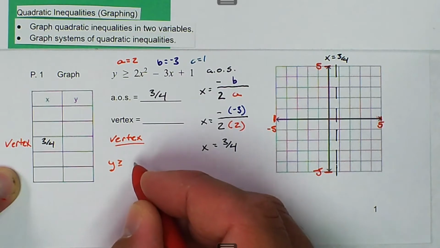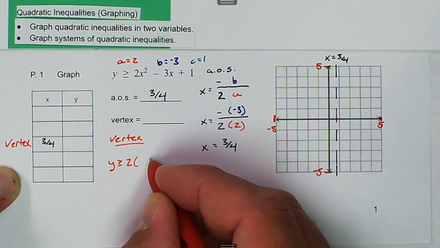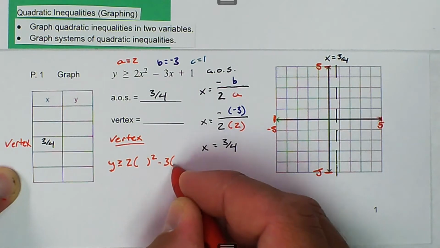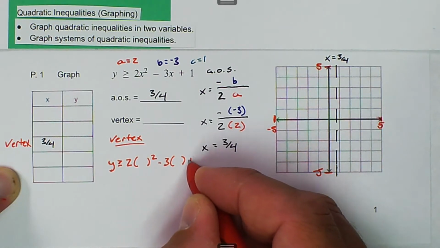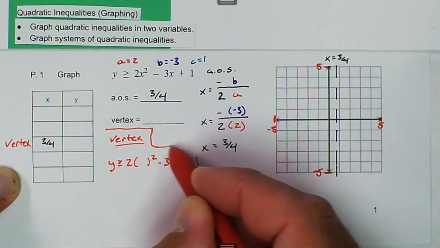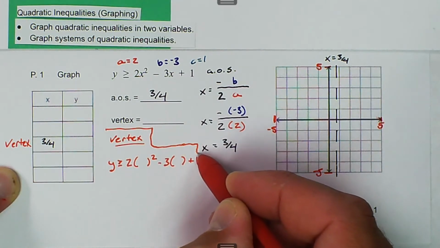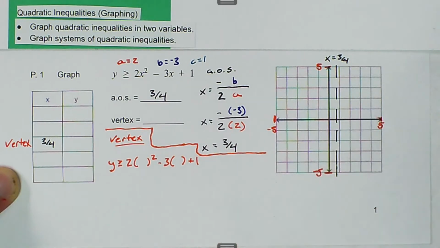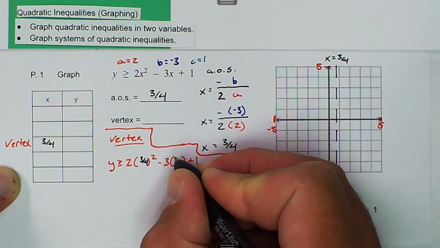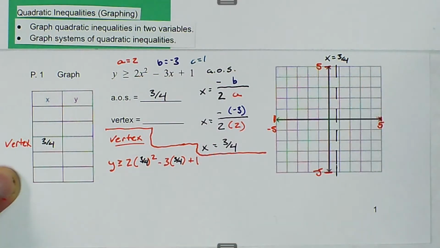So y is greater than or equal to 2 times 3/4 squared minus 3 times 3/4 plus 1. So we can substitute 3/4 in, and we can multiply these through.